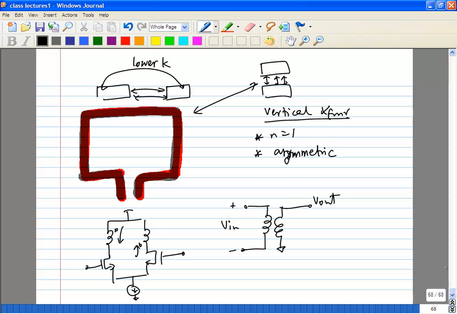You want maximum coupling factor, but you don't care about symmetry between primary and secondary. If you can afford the extra Cox, you can perfectly well use this. Which is why I said there is no one thing which is used everywhere, right? There are certain cases where you might want to use a certain kind of transformer. Is that clear?